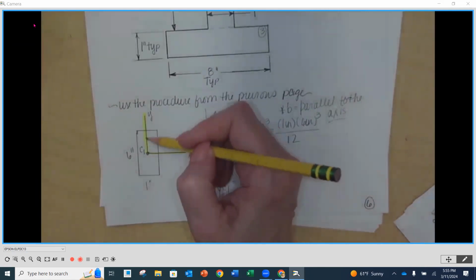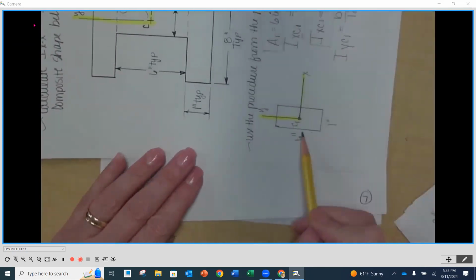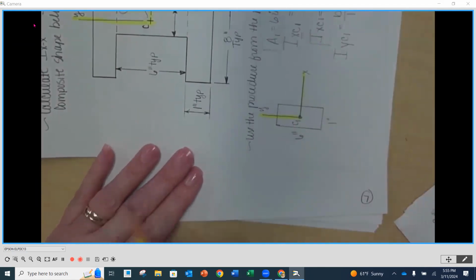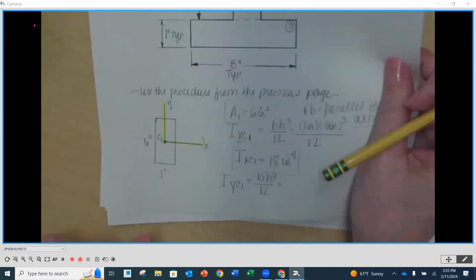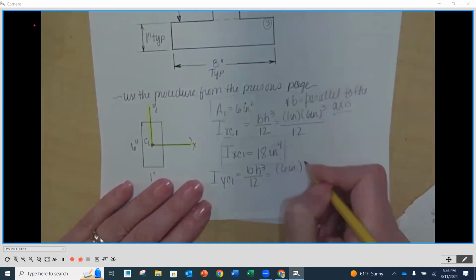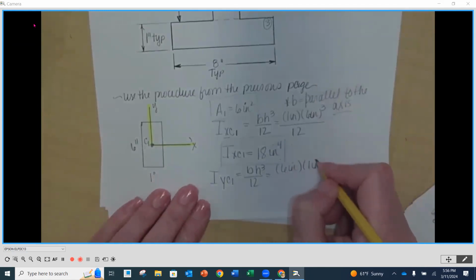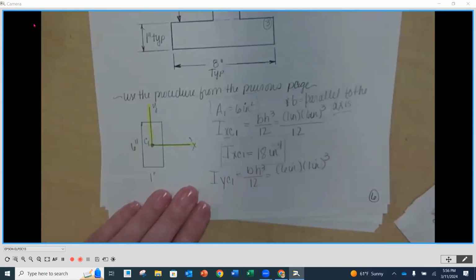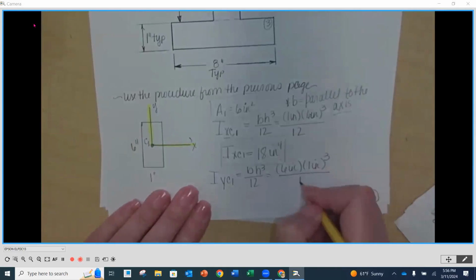The y-axis is vertical. So it's always more natural that the base is sitting down horizontally, right? Since we turn this so that the y is horizontal, then our 6 inches is going to be the base in this case. So my base is 6 inches. My height is going to be 1 inch, and we cube the height divided by 12.